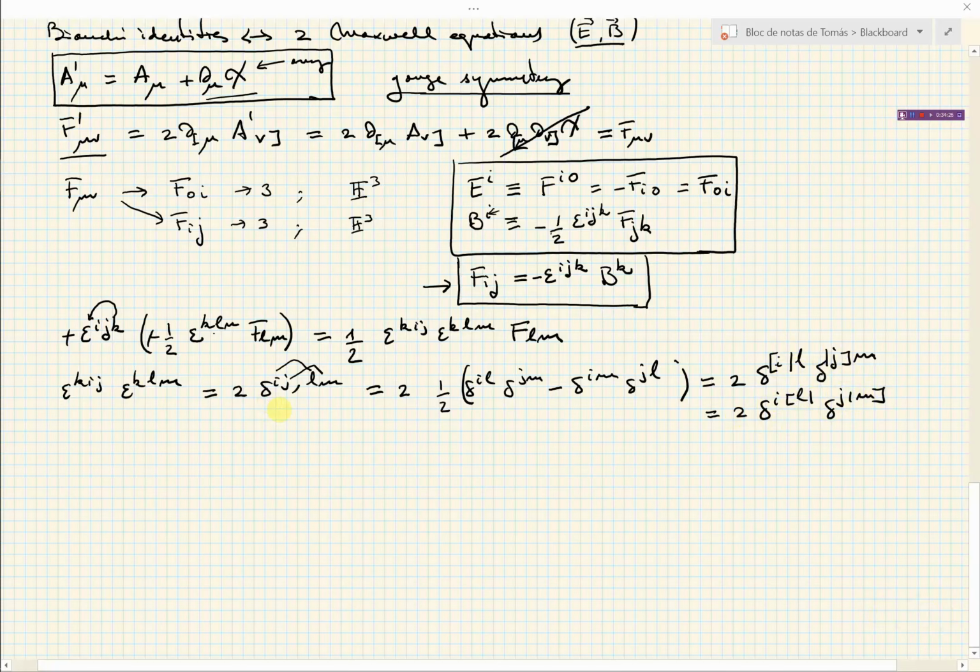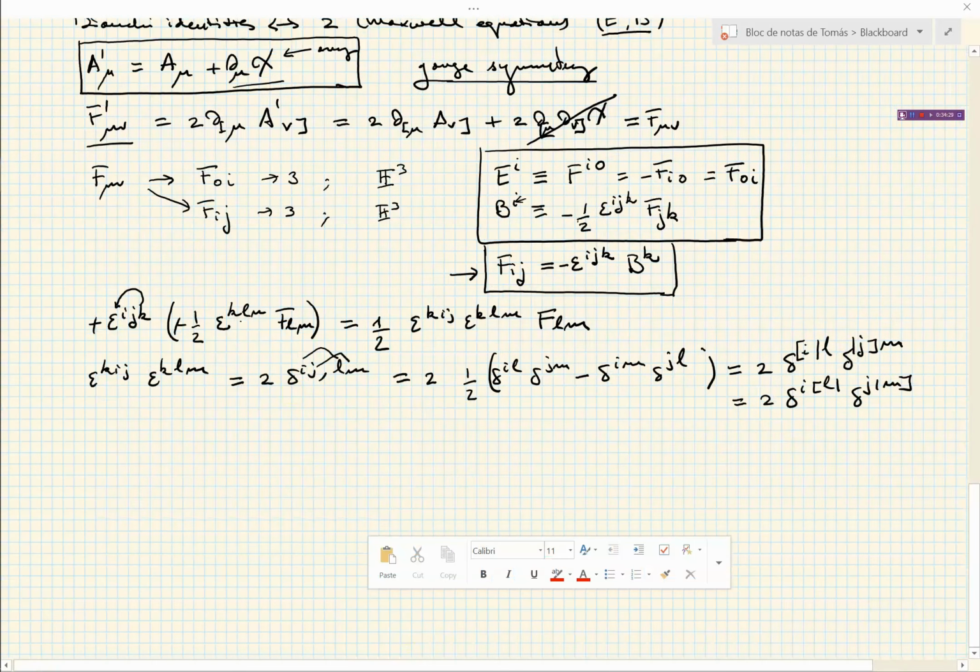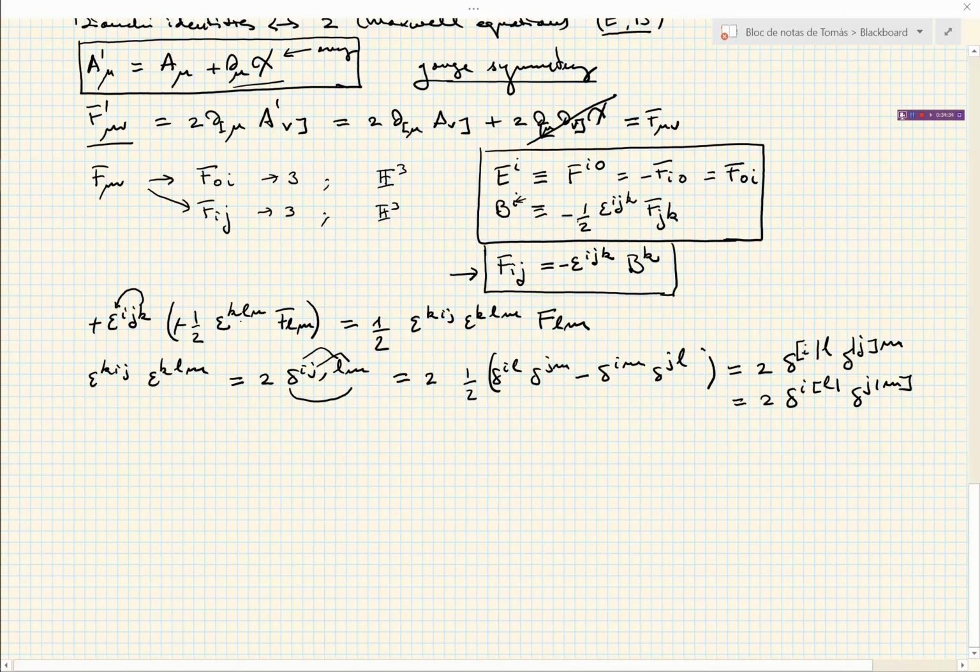So this is what this symbol is, and you can view it as the unit matrix in a space in which the labels, instead of just being one index, are pairs of antisymmetric indices. So when the pair ij is equal to the pair lm, you get a 1.